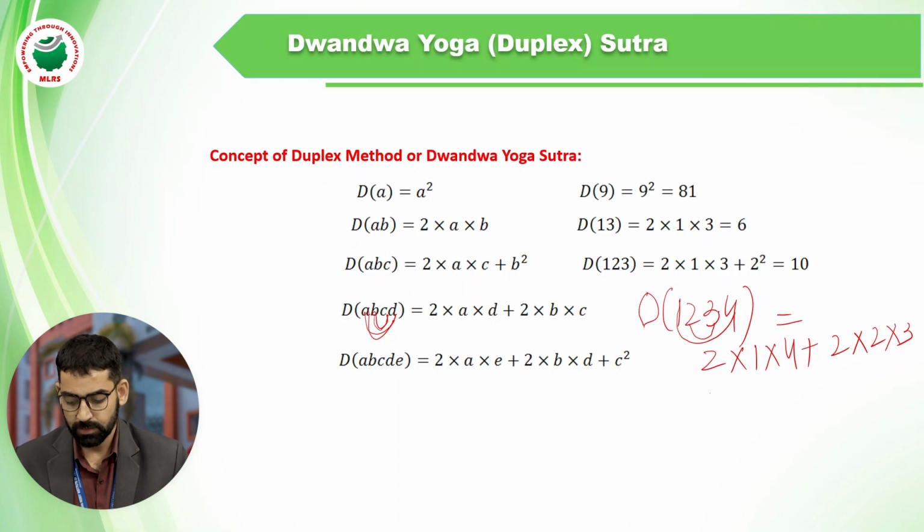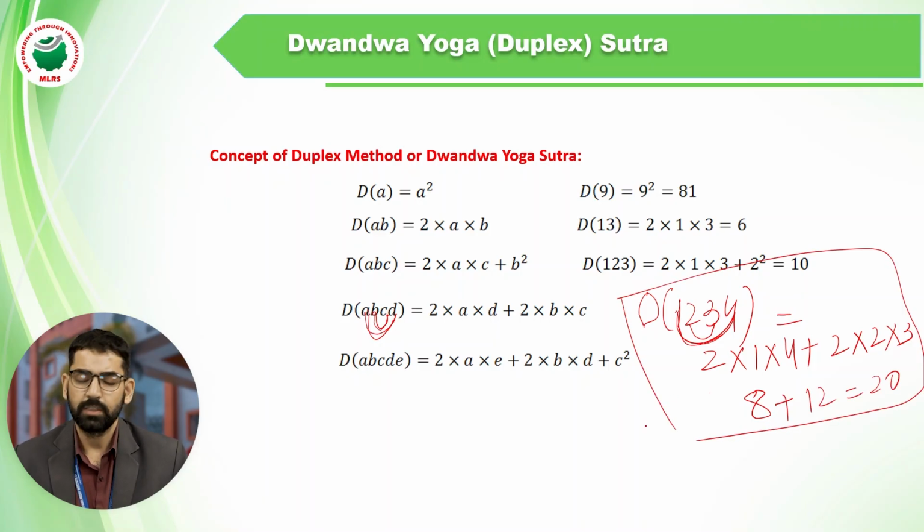So 2 into 1 into 4 is 8, plus 2 into 2 into 3, which is 12. So this is equal to 20. This way we can take the duplex of a 4-digit number.